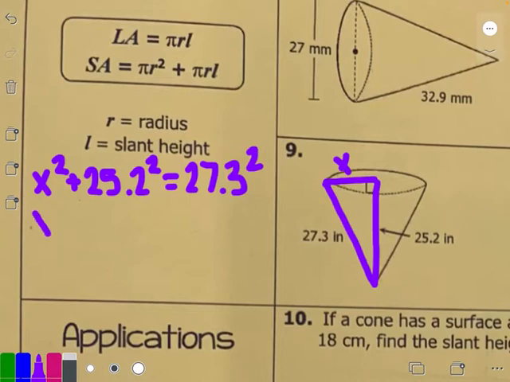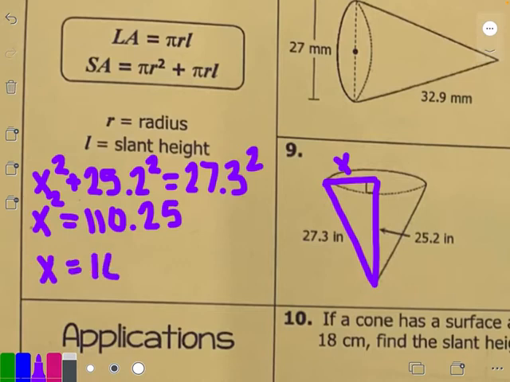After I square everything, I'll have to move the 25.2 squared to the other side. That becomes 110.25. I'm just skipping some PEMDAS steps because of space. So x squared, and the square root of that is about 10.5.